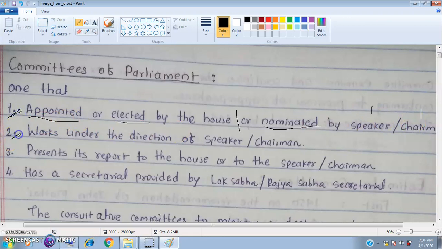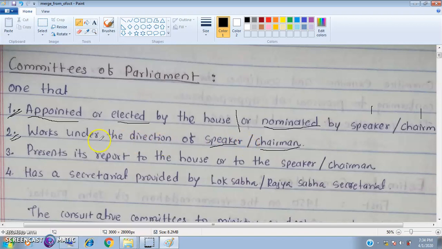Second condition, for a committee to be called a Parliament Committee, it has to work under the direction of the Speaker of Lok Sabha or the Chairman of Rajya Sabha. These presiding officers are the ultimate authority over these committees.